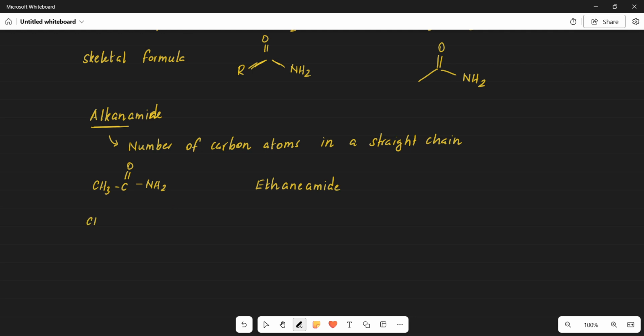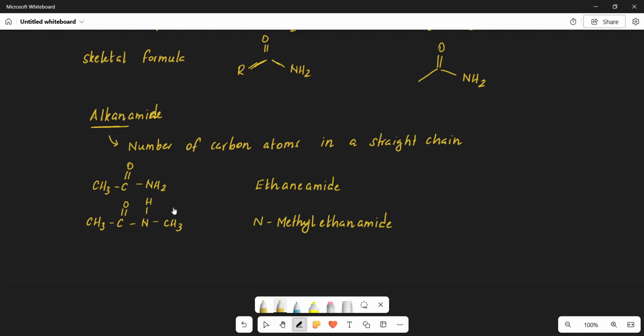If I take this CH3C double bond O NHCH3, now this is a substituted amide. So the nitrogen is connected to a methyl group. So N-methyl. As usual, ethanamide, because the longest chain has two carbons.